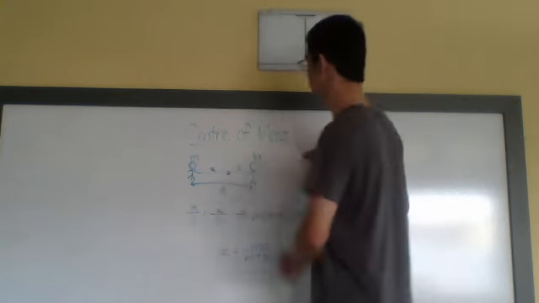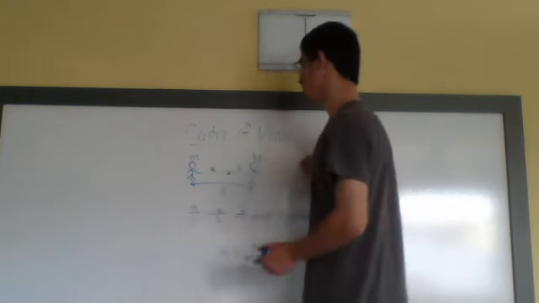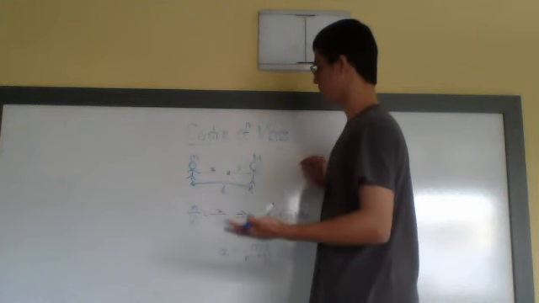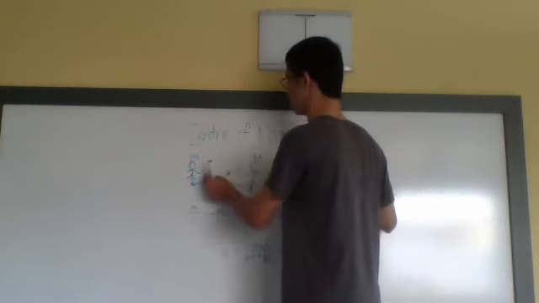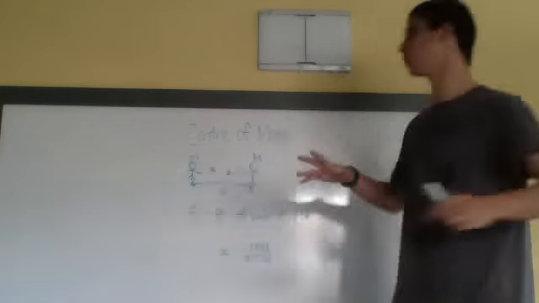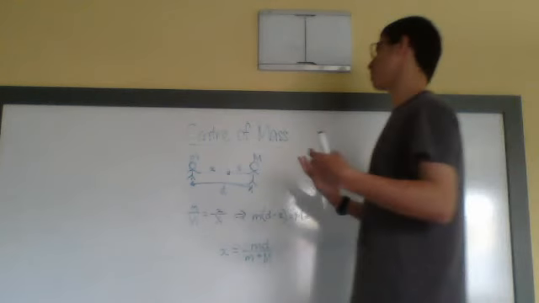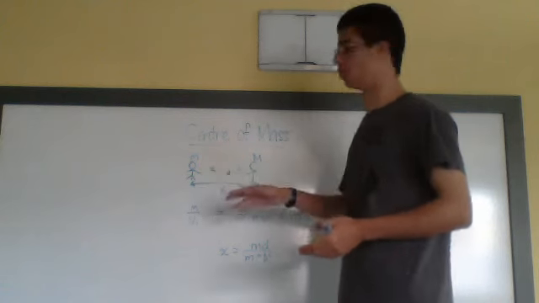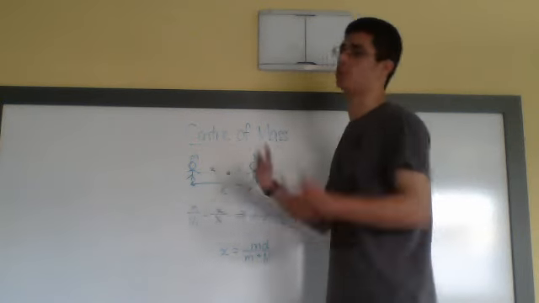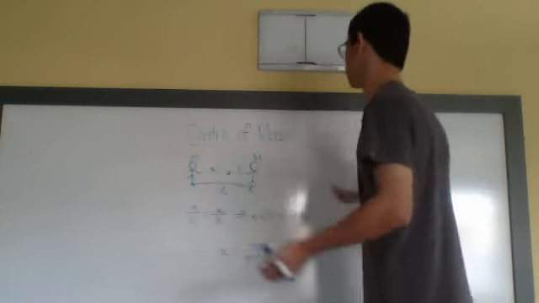Now the distance between these two people is d. Say we want to find the distance between the center of mass and the smaller person. We'll call that small x because it's closer to the small mass.